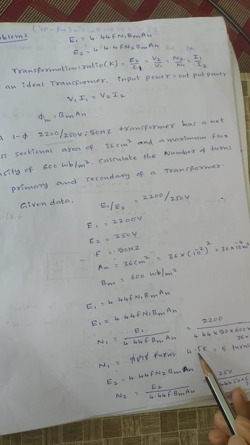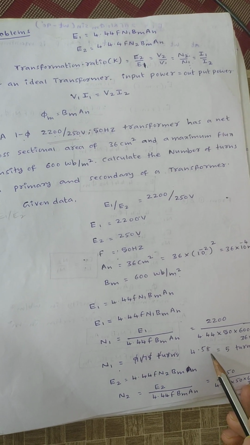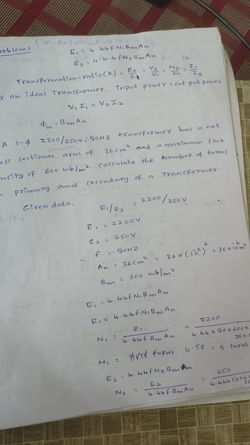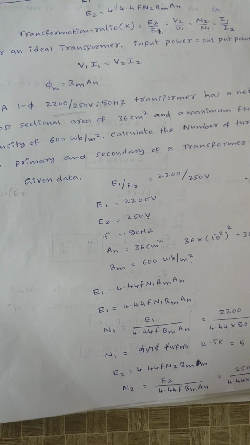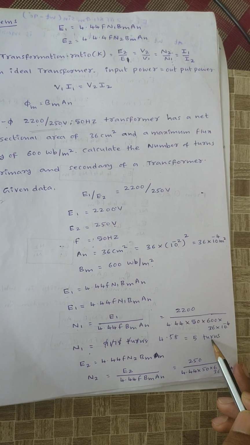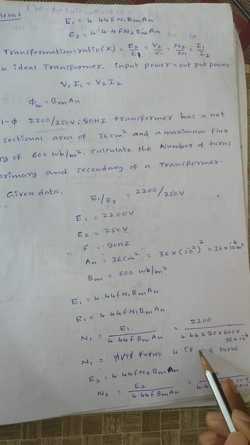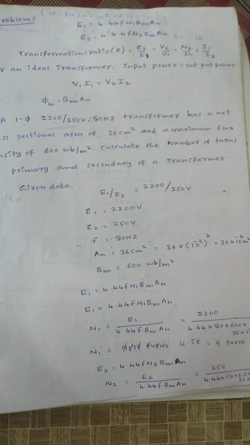N1 is approximately 4.58. Turns always represent a fixed value, either 4 or 5. 4.58 is near to 5, so the number of turns will be 5. If the value is less than 4.5, then you indicate 4 only.